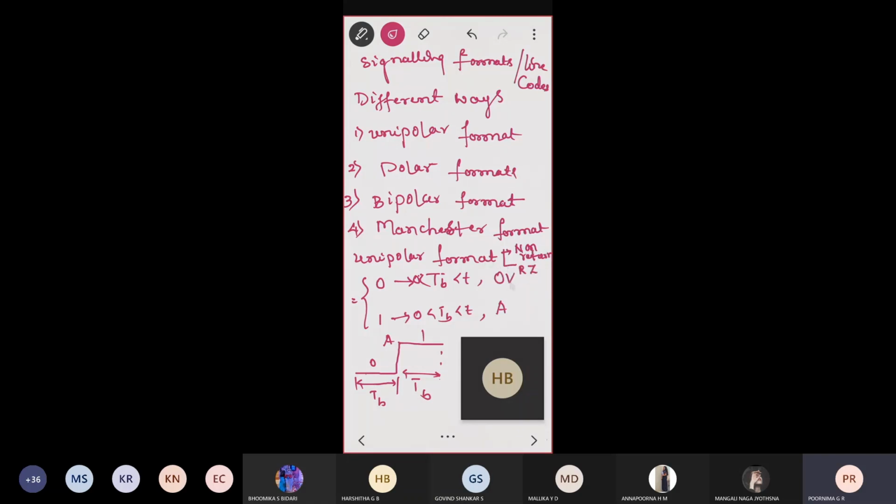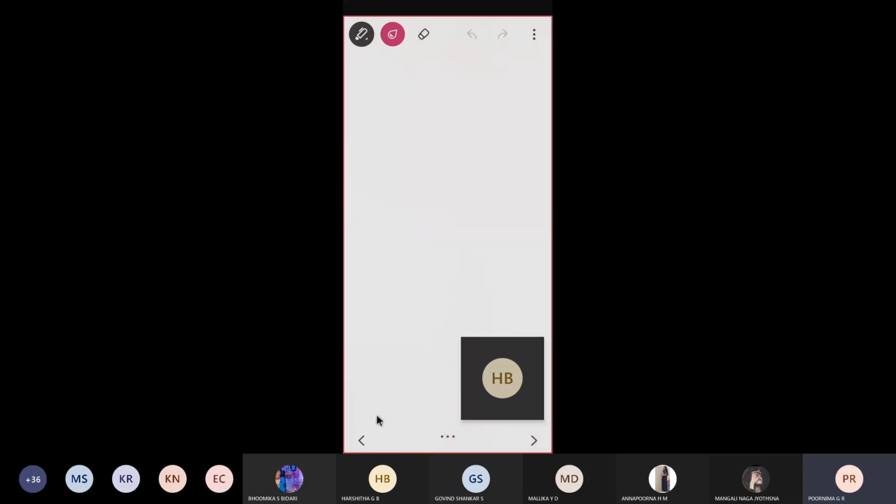So how do we represent the signal? Take unipolar non-return to 0 first. Please take the symbols as 0 and 1. This particular thing will be represented like this. Here for the complete duration there won't be any change in the amplitude. That is what non-return to 0 means.